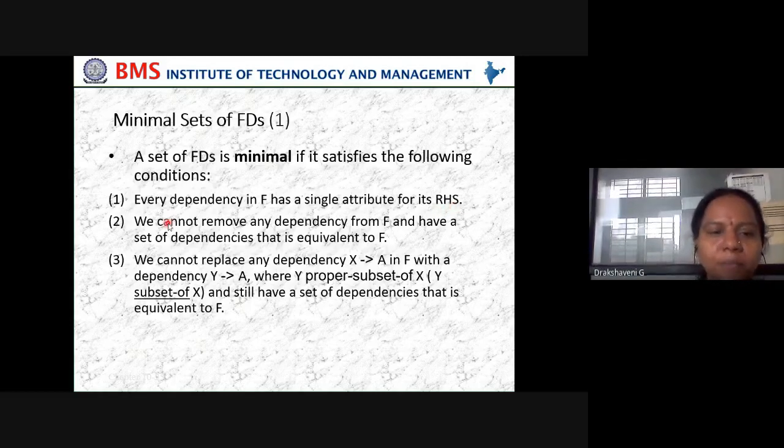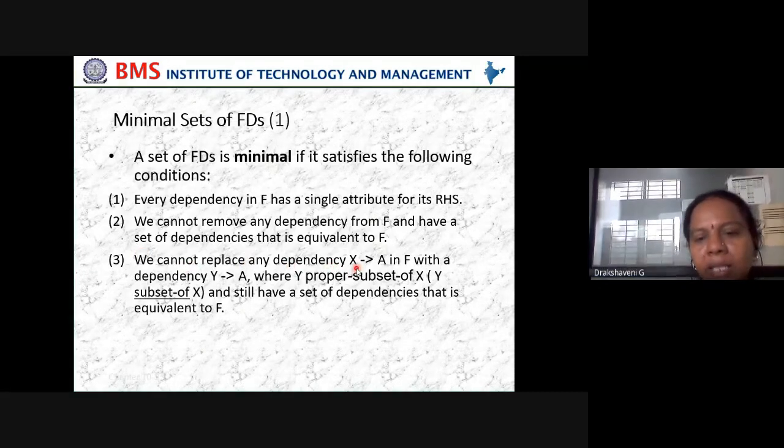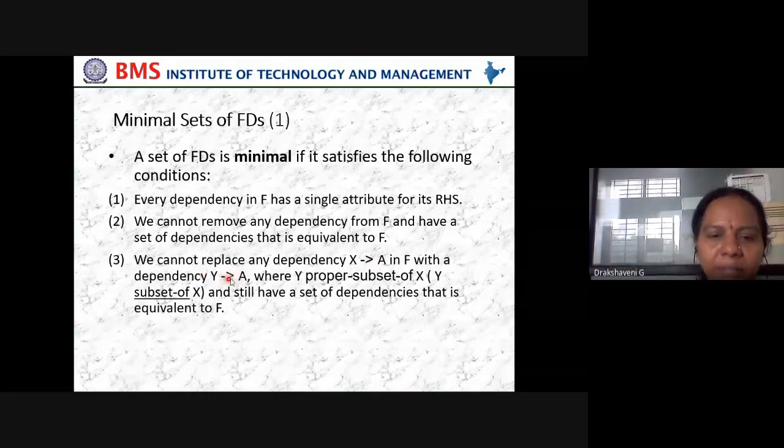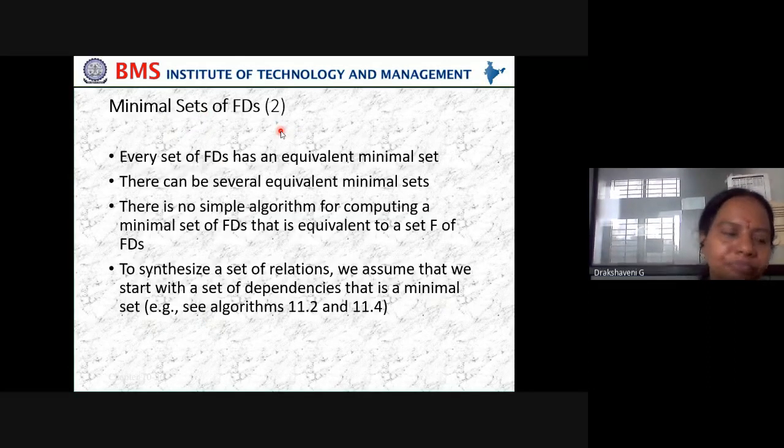We cannot remove any dependency from F and still have a set of dependencies that is equivalent to F. We cannot replace any dependency X functionally dependent on A in F with a dependency Y functionally dependent on A, where Y is a proper subset of X, and still have a set of dependencies equivalent to F. Then we call it a minimal set of functional dependencies.